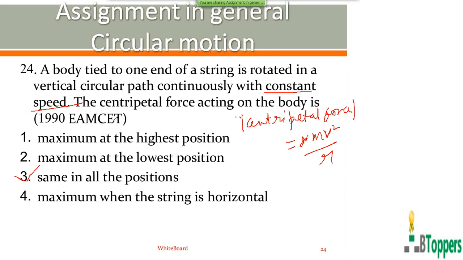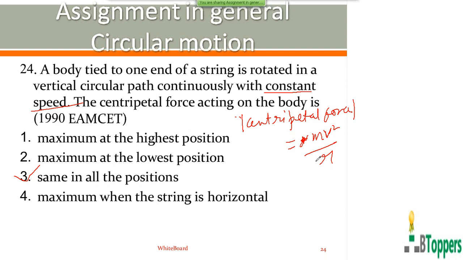This question was originally given in the 1990 EAMCET exam, commonly for both medical and engineering. Of course, in the case of uniform circular motion in a vertical circular path, the magnitude of tension in the string will be maximum at the lowest position. But the magnitude of centripetal force on the bob is the same at all positions because the speed is maintained constant.